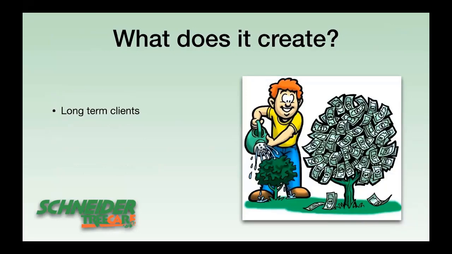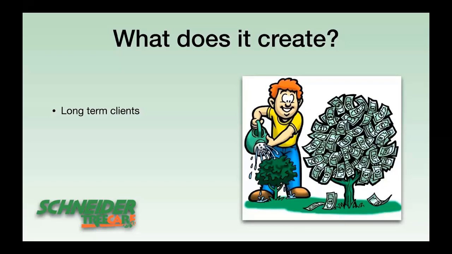So what does all this kind of create for you? It creates long-term clients, really, because the more you're working with somebody, the more you're building that relationship, you are able to get in deeper with the site managers. They're going to use you for different services. Maybe you start out with the inventory process, you're going to go through and inventory everything, and then at first you might just be doing the pruning on site.